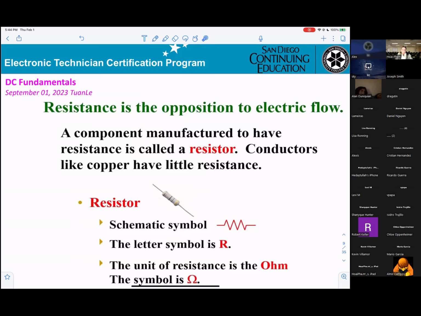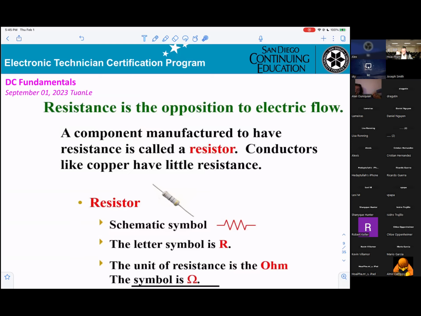I'll give you an example. If you want to fix something, the light or whatever on the ceiling, they suggest you better stand on the table. The table is just like resistance. It cannot conduct any current.